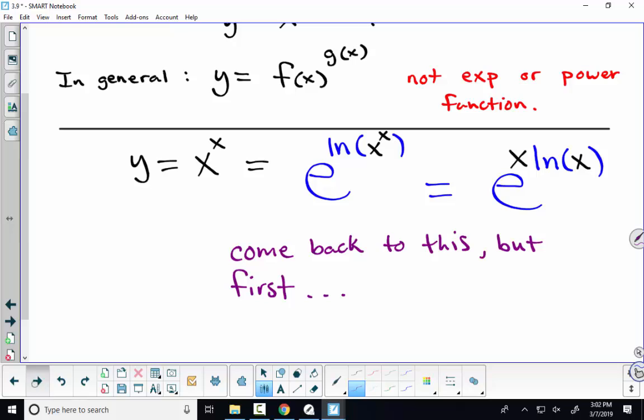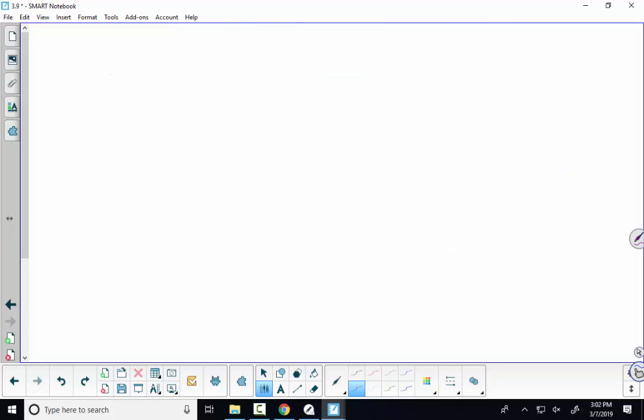But first, we're going to look at a process called logarithmic differentiation.